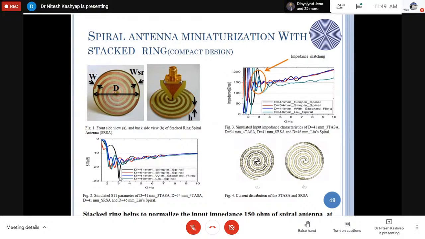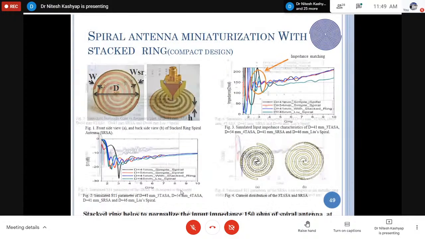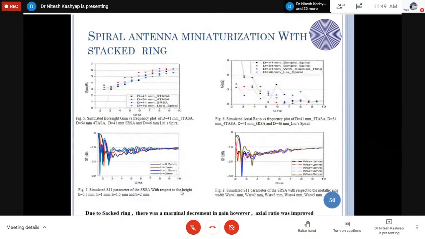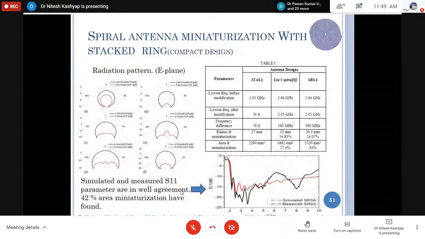At the black one, we have 3 gigahertz. Then after the attachment of the ring, we shifted this frequency to 2 gigahertz. So this is the miniaturization technique, the simple miniaturization technique I have used here, without alteration of its property. So the property of the spiral antenna is very important.